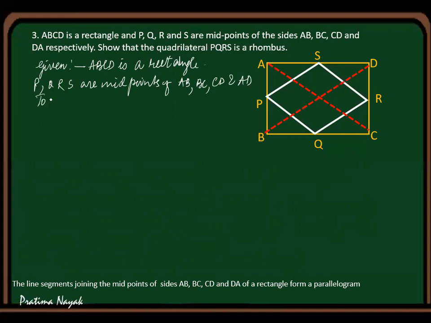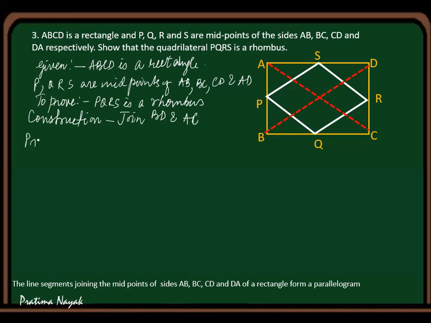To prove: PQRS is a rhombus. So what construction did we make? We joined the diagonals. Join BD and AC.